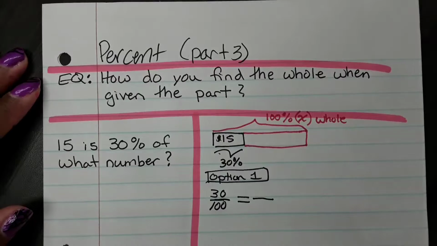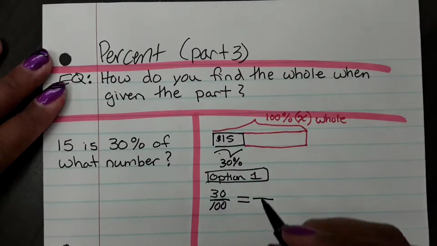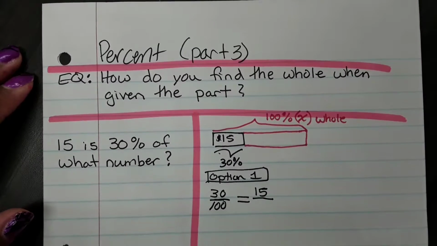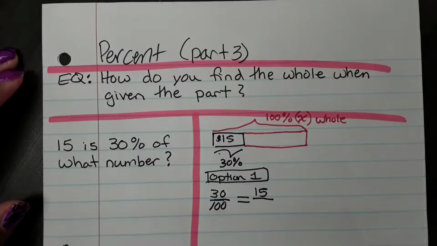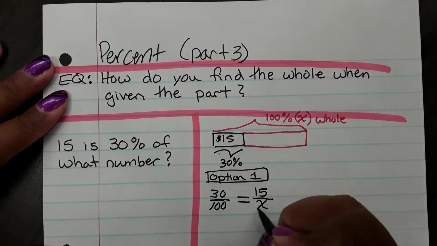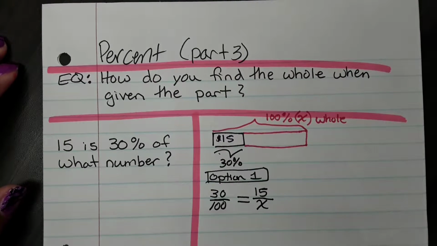And the other one, we have to do a little thinking. 15 was the part that I borrowed, so 15 is my part. Unlike the previous problems, our number this time goes in the numerator. And now we don't know what the whole is.